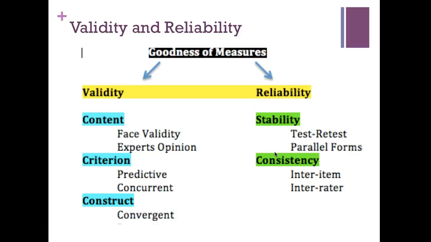And then the inner item consistency and inner rater consistency. Again, can a person rate it who has never seen it before the same as a person who has seen it and rates it?